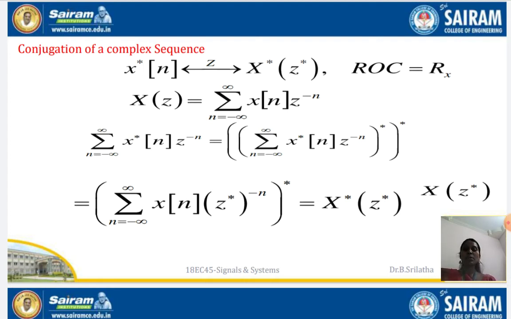We can conclude that this is the Z transform of x(n), with z replaced by z conjugate, and also conjugated, so we can write it as X conjugate of z conjugate. Correct? That is what we wanted. So we proved it. Okay, understood.